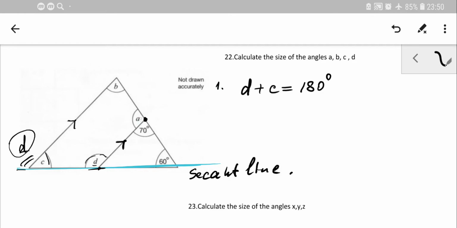We also know that A and 70 together will form 180, so we can immediately calculate angle A. A plus 70 forms 180, from where A is simply 110 degrees. Okay, so we know angle A is 110 degrees.